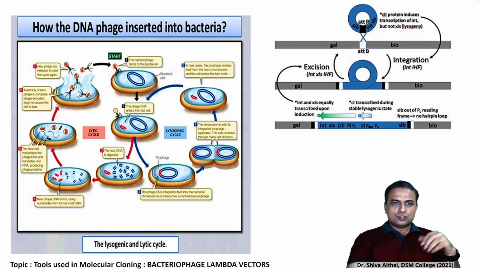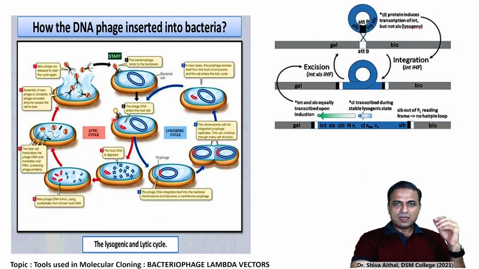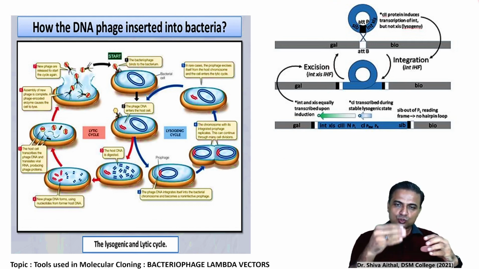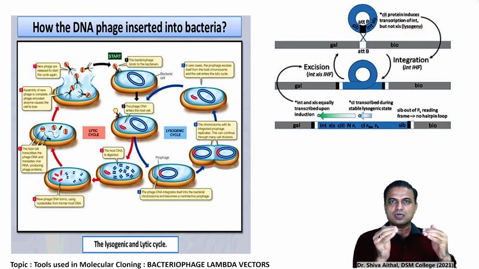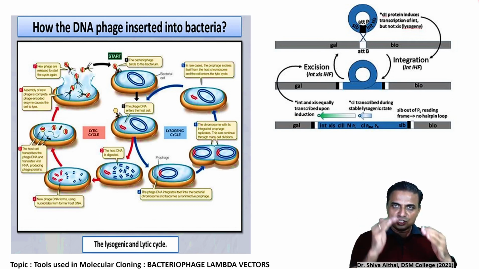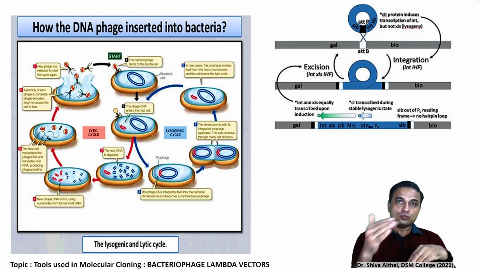Now I have already shown you the lytic and lysogenic modes of the bacteriophage. One interesting point to understand about this lambda genome is how the phage DNA is inserted into the bacterial genome. That particular character is used to introduce your stuffer region or replacement, and the gene of interest with the lambda is used to insert into the E. coli chromosome.